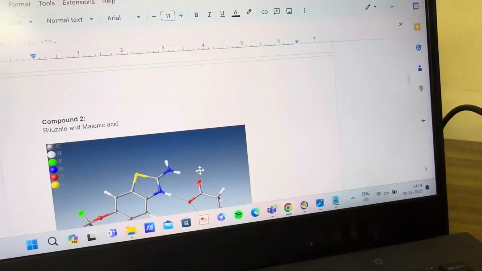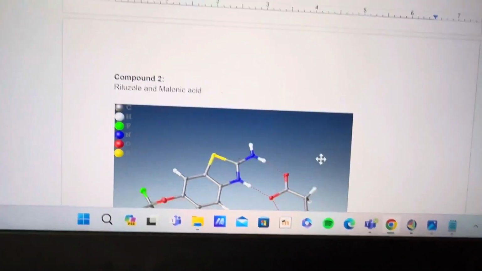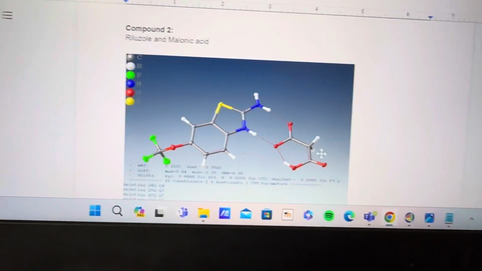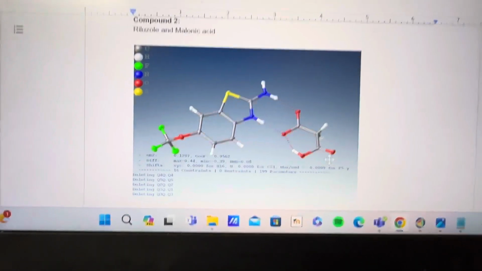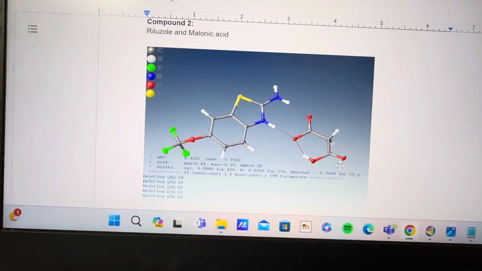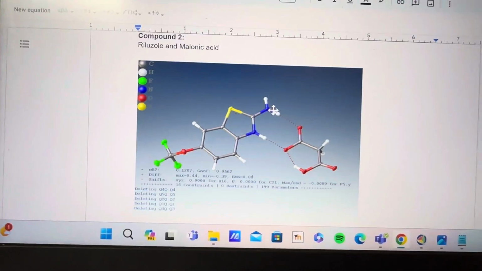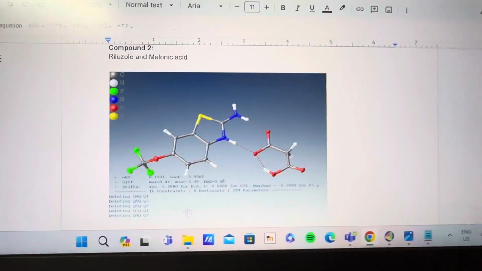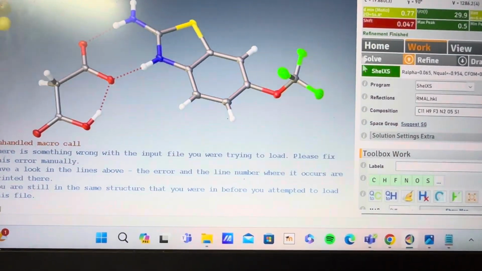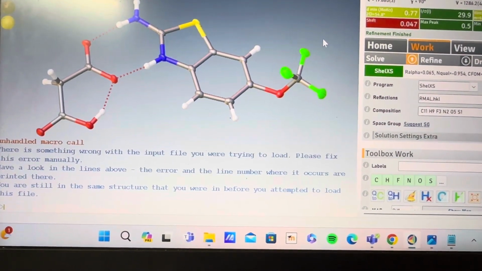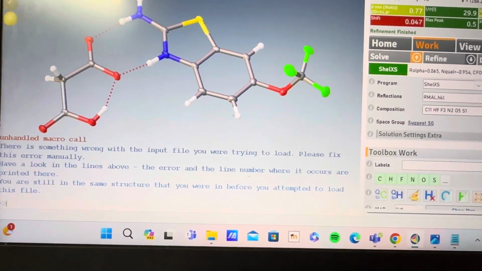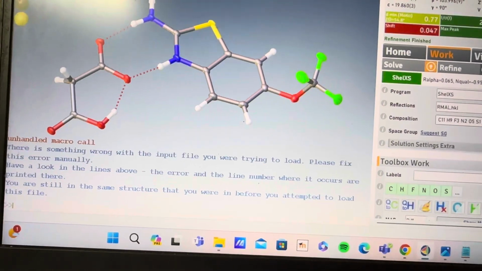Next, for the second compound: the first compound was demonstrated by sir in the video tutorial, so for the second compound I will just show the steps that I followed. If we go to the OLX2 software, this is my final structure for the RMAL compound.